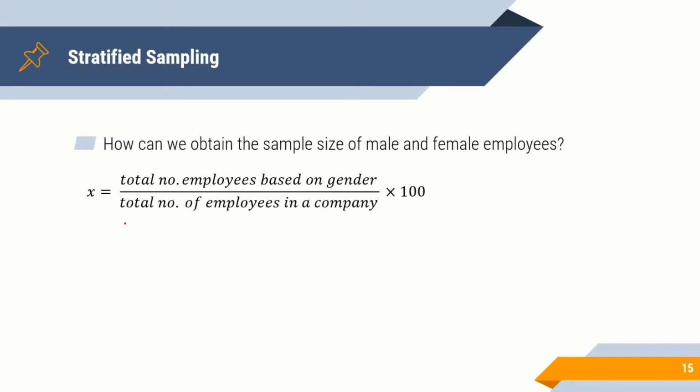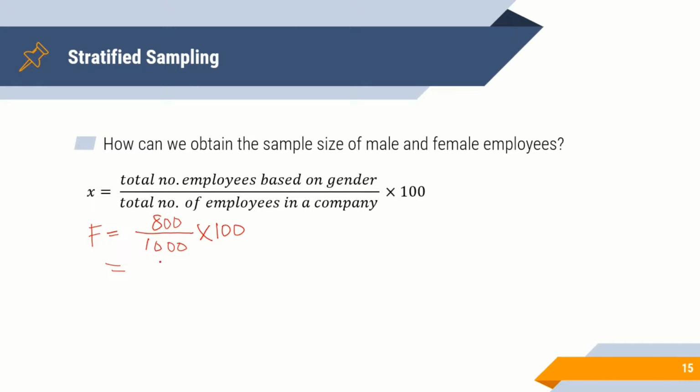We start with the female employees: the total number based on gender is 800, and we divide it by the total number of employees in the company, which is 1,000. Then we multiply it by 100.